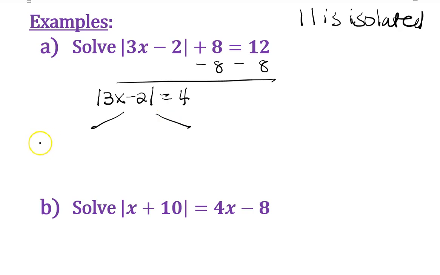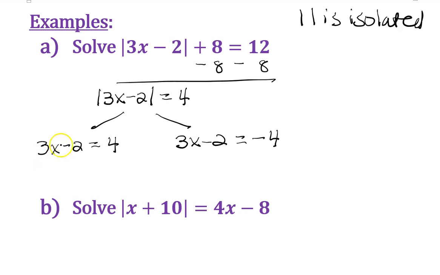We can say that A, which is 3x minus 2, can equal B, which is 4, or A, which is 3x minus 2, can equal the opposite of B, which is negative 4. Both of these scenarios are possible, which means we solve both of these equations. So every absolute value equation actually has two equations within it that don't involve the absolute value once you change things around. You're going to solve each of those.